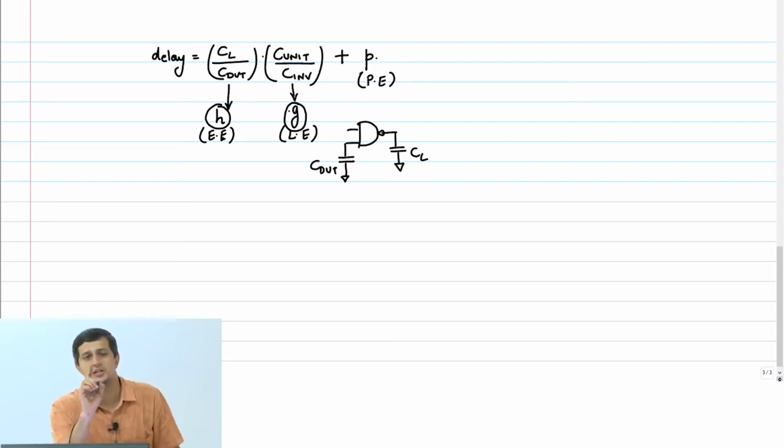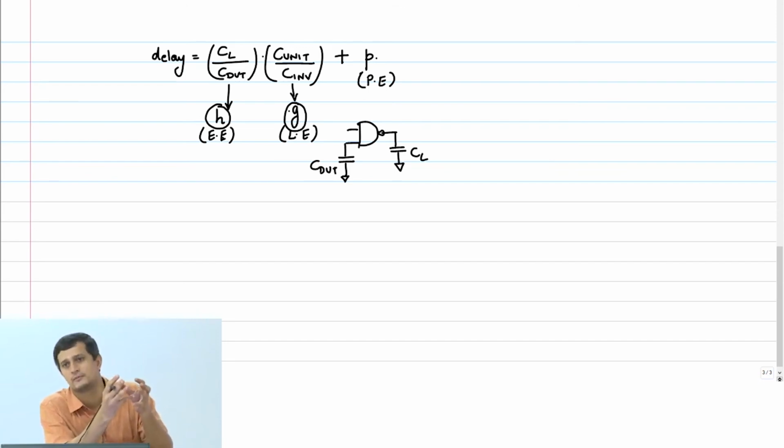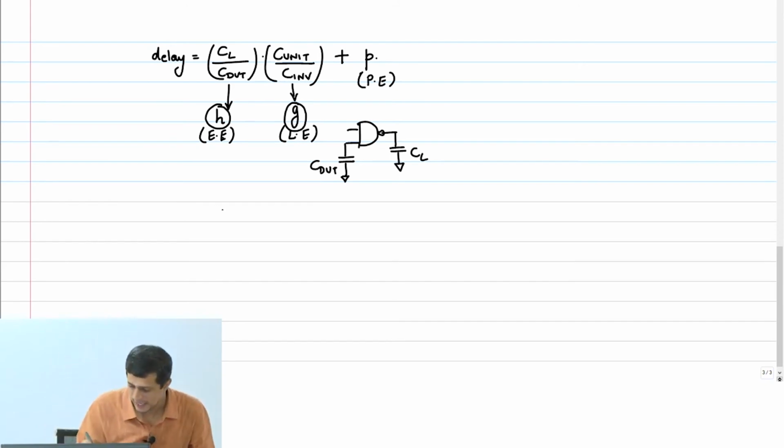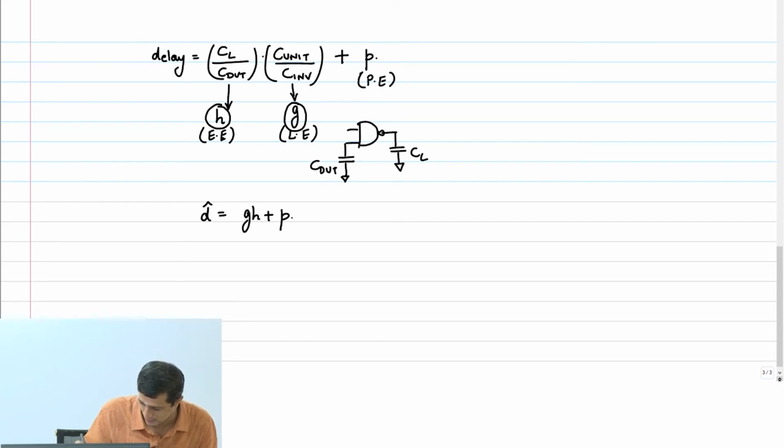Whatever logic function it is implementing, it captures in some abstract form that complexity, right? A trade-off between resistance and capacitance it captures. Now the presence of the actual capacitance in the circuit because of upsizing that gate is captured by the electrical effort H, and therefore the normalized delay, I'll call it D hat, can be written as GH plus P.